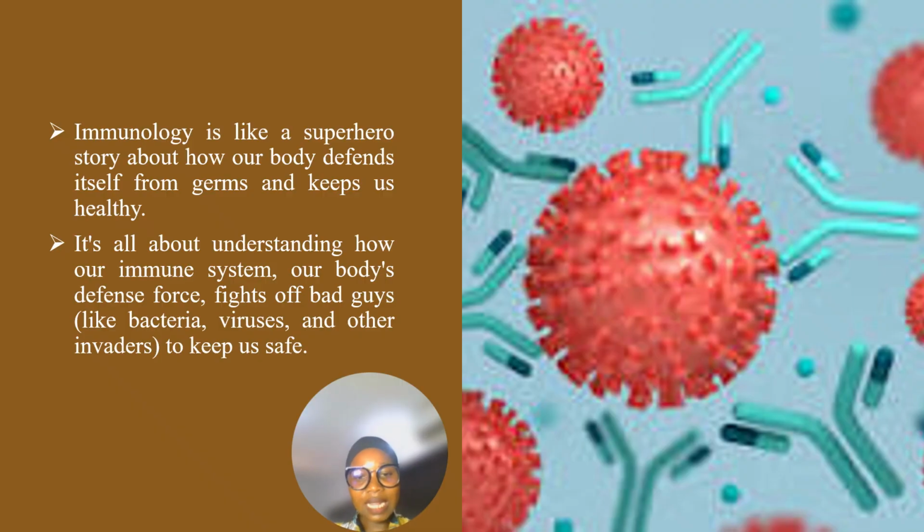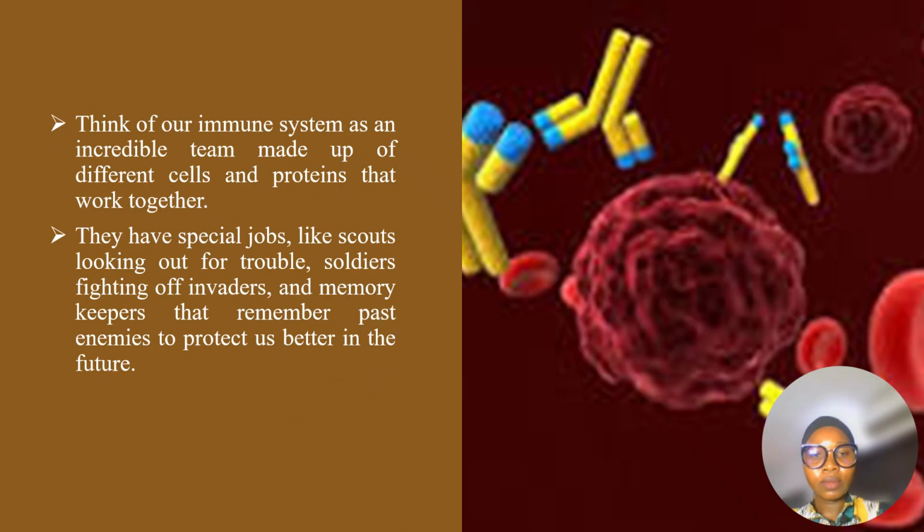So basically in this study, we want to talk about how the immune cells function, how the body protects us from infections, from germs, from foreign entities. So think of our immune system as an incredible team that is made up of different cells and proteins that work together.